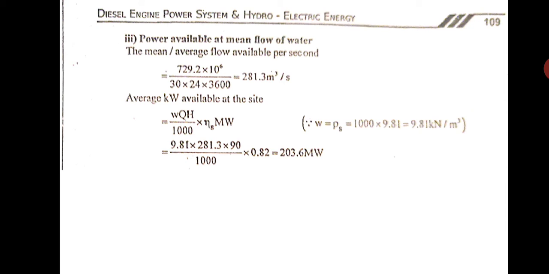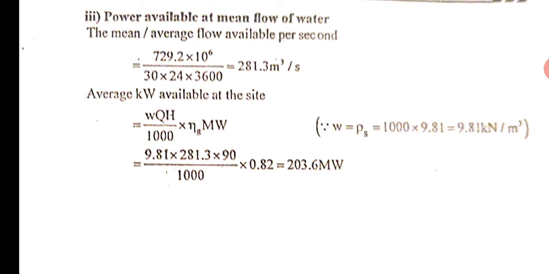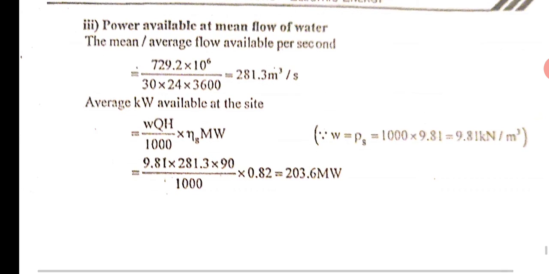Now the power available is WQH into efficiency divided by 1000. W is 9.81, discharge is 281.3 meter cube per second, head is 90 meters, and efficiency of the plant is 0.82, divided by 1000.